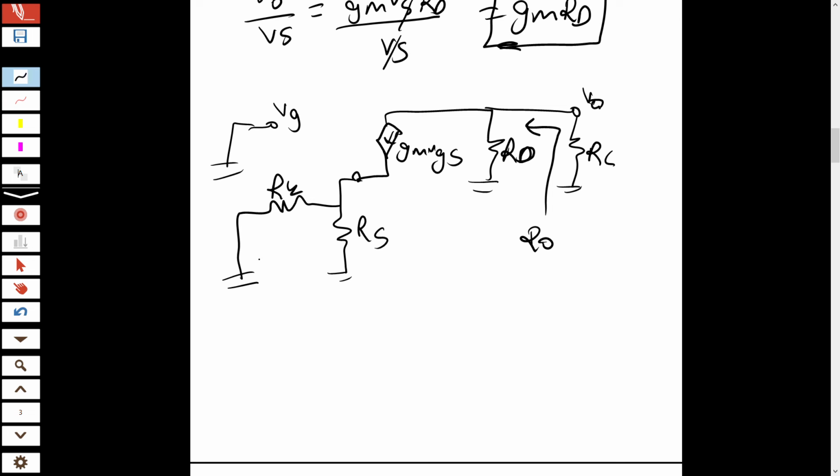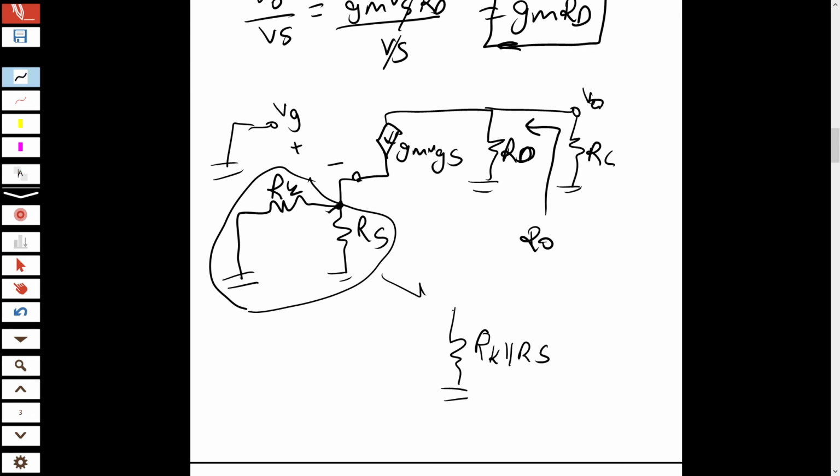So look here, what is VGS? Can we say that VGS is 0? Why? Here RK is parallel to RS, so instead of this, I can write RK parallel RS.